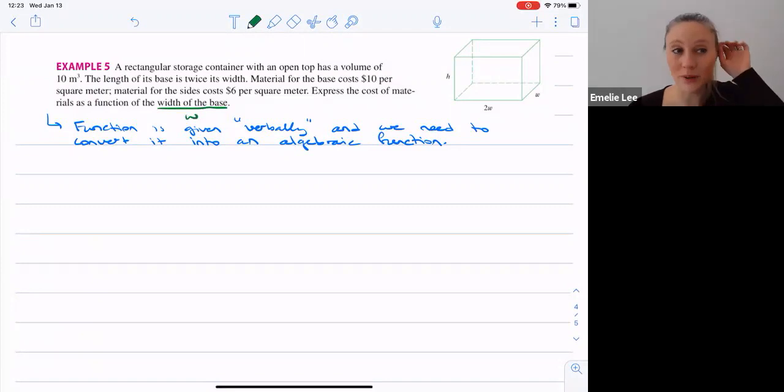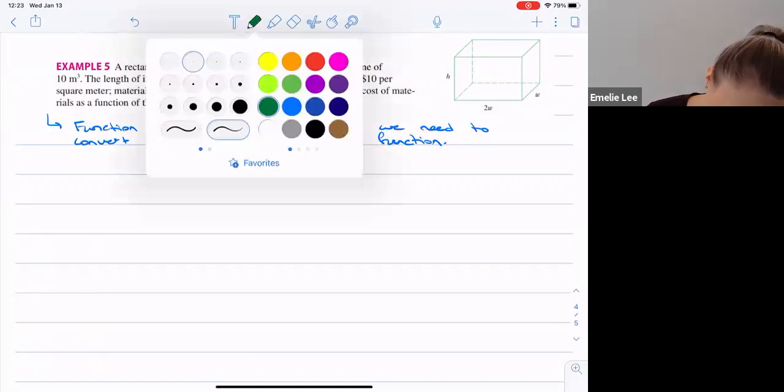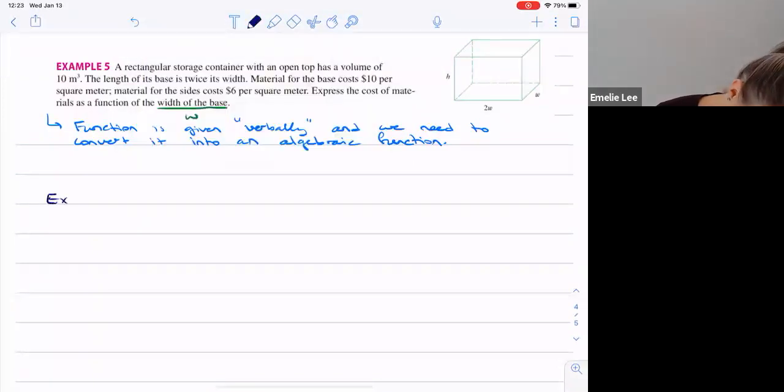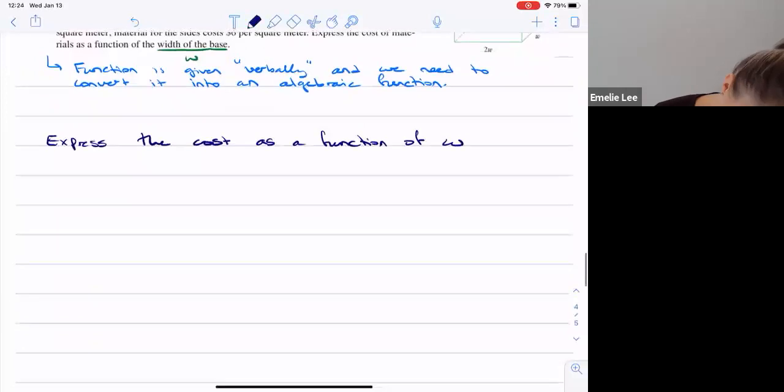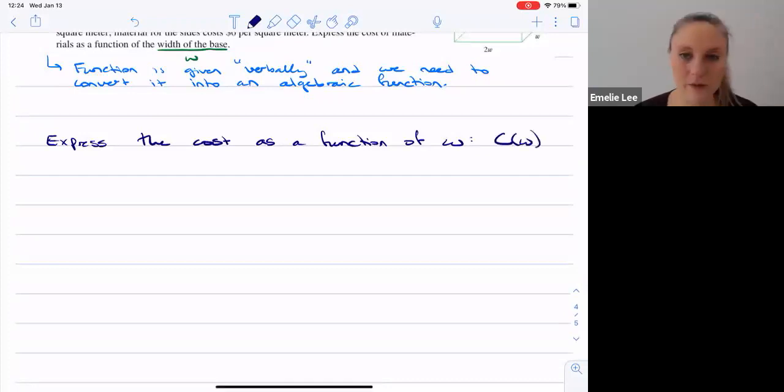So our input is going to be W. Express the cost as a function of W. Right, so here, we can denote it as C of W. Usually for cost, we use a capital C, and that's pretty across the board.